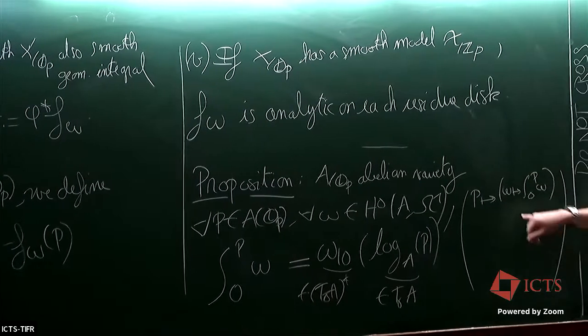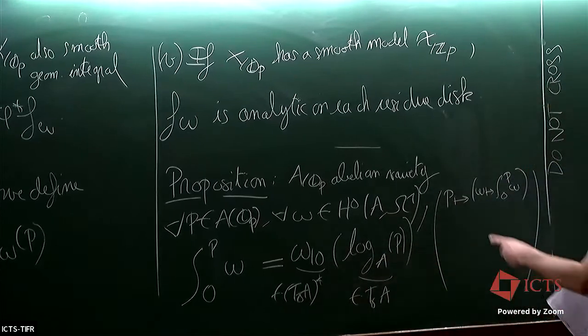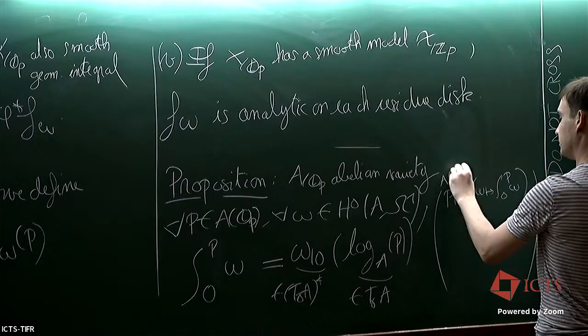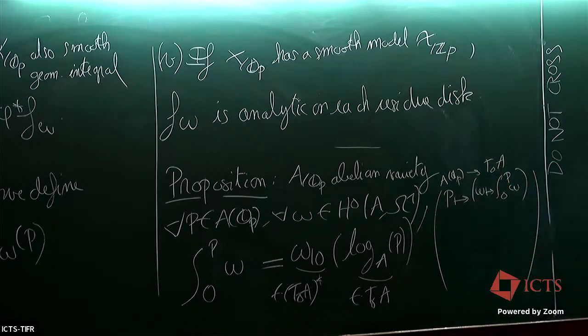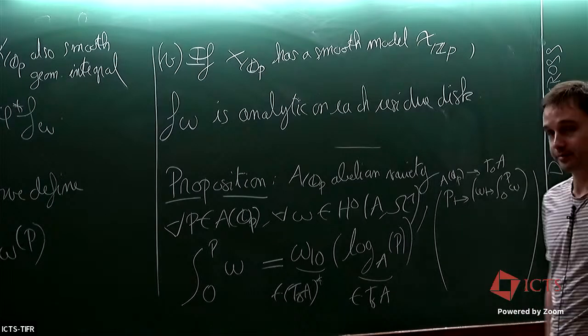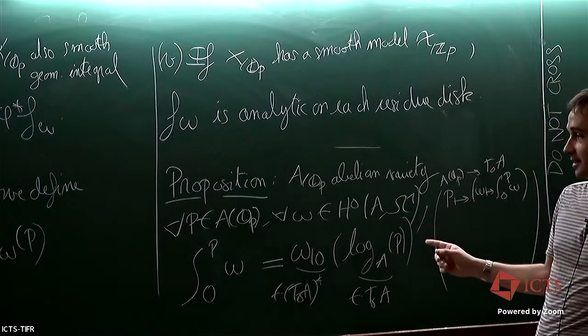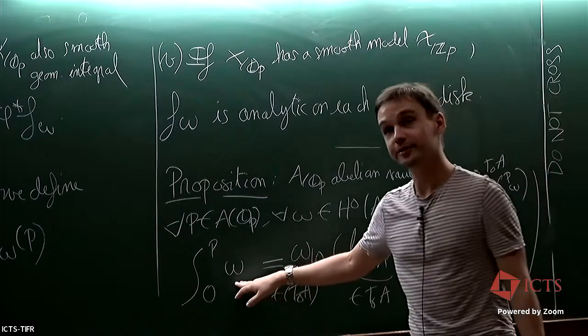And you can see a global form as a form at 0. So actually, this goes from A of Q_p to the tangent space, because the tangent space is the dual of the cotangent space again. And so it has the same space of beginning and arrival as the logarithm. It's also additive, you can check. And if you redo the proof, it's additive because the forms are invariant by translation.